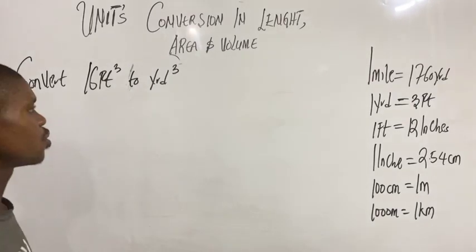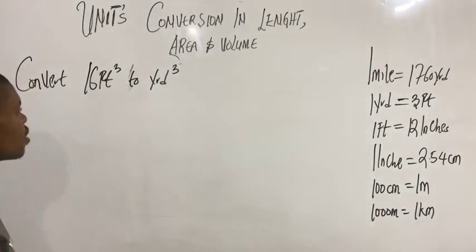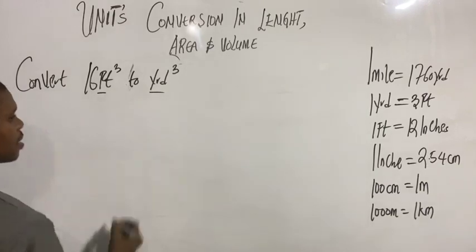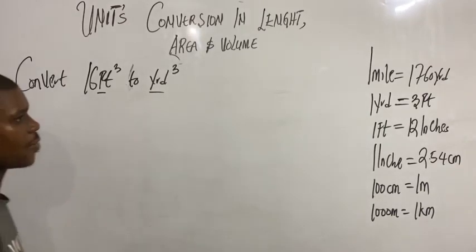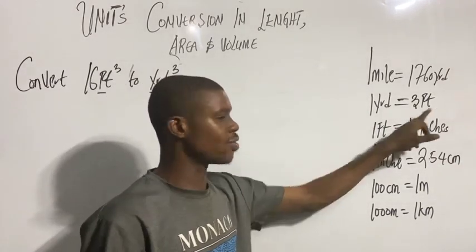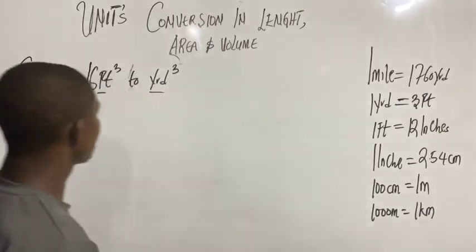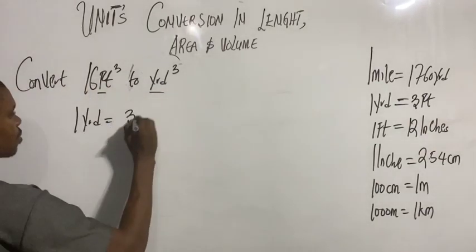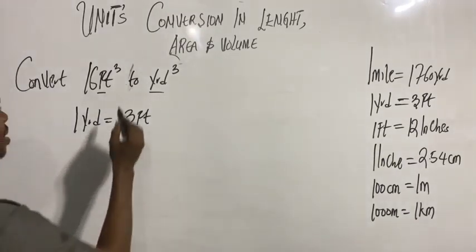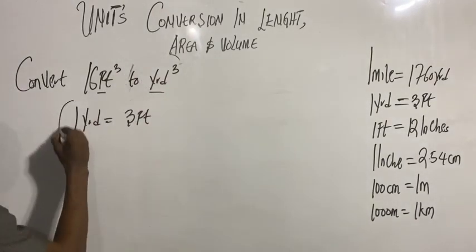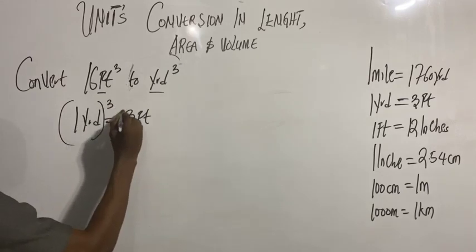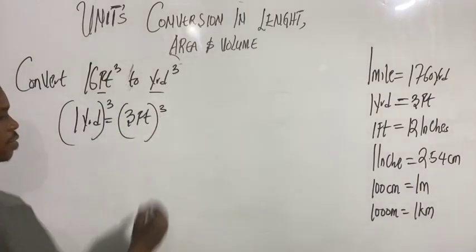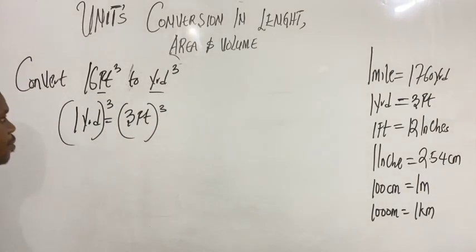It's very easy. So therefore, write the relation between feet and yard. What is the relation between feet and yard? Here we have for every 1 yard I have 3 feet, right? So I'm going to write 1 yard equals to 3 feet. Now because here I have cube, the only thing I want to do is to introduce cube. Do you understand? Is to introduce cube.